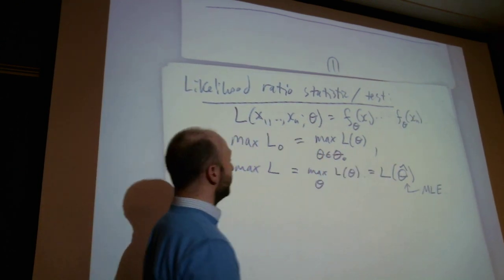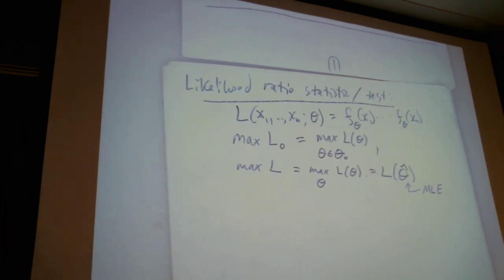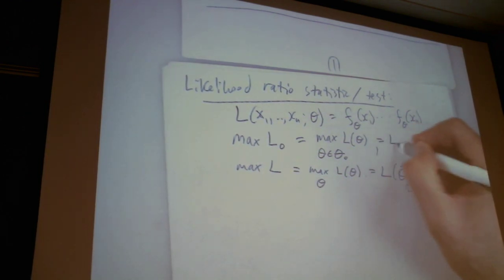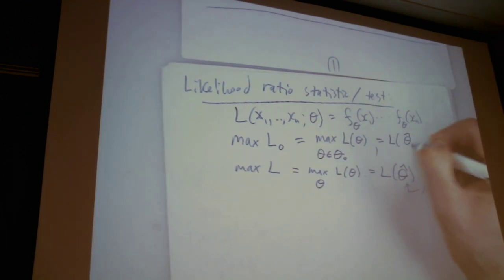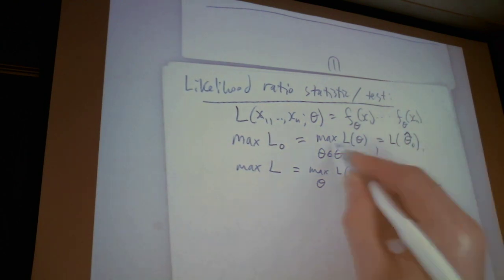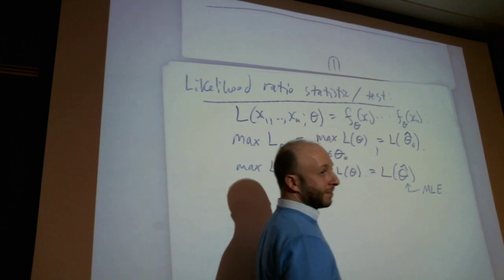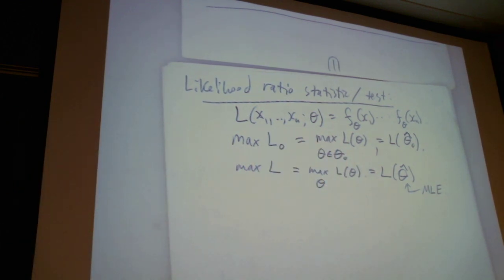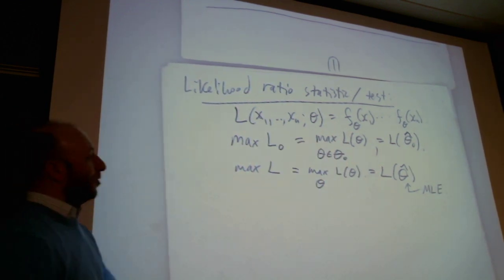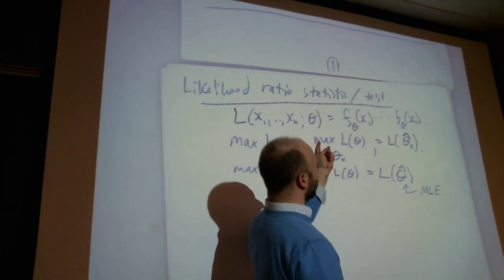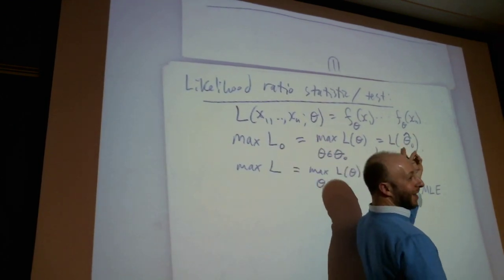Let's do some examples. I'll define theta 0 hat to be the value at which this maximum is achieved. Is that unique? Usually these intervals are closed, and so it exists. In general, I would need a sup here, and then this might not exist. It might not be in theta 0.